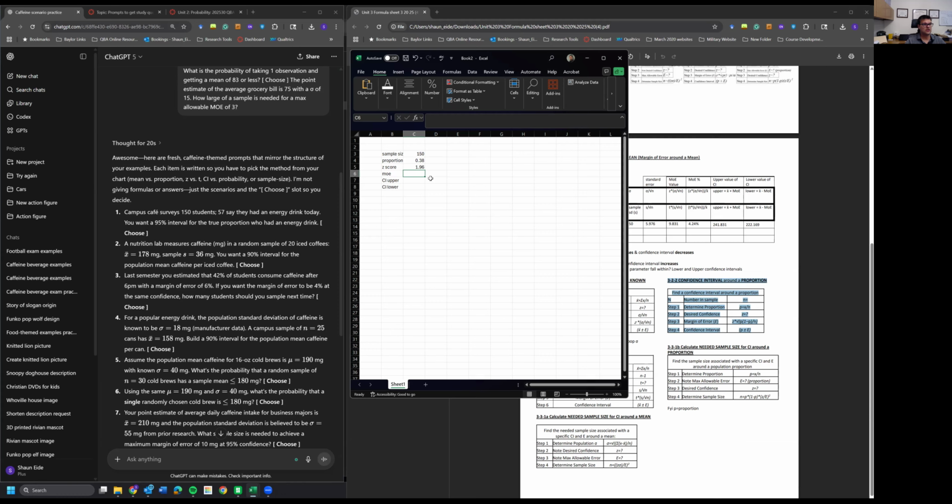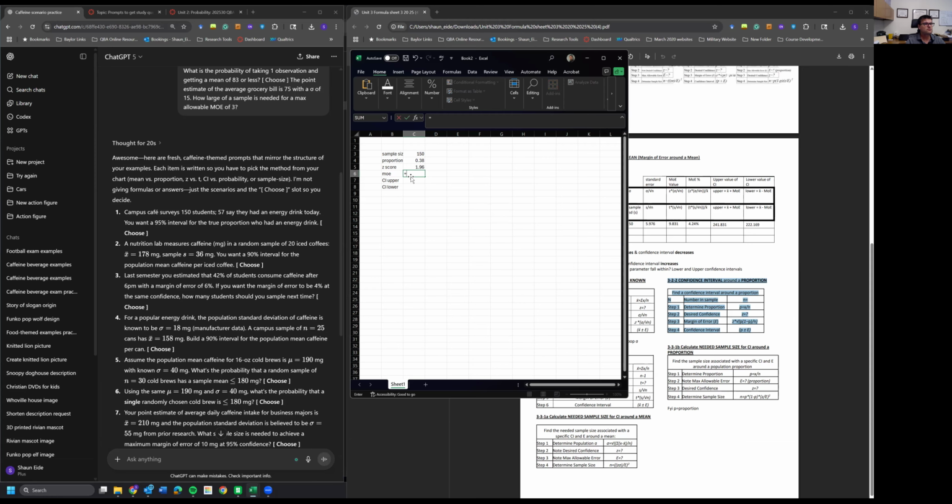What is that margin of error? We are going to calculate it with the formula that's on the formula sheet. So z times the square root of the proportion multiplied by 1 minus the proportion, divided by n.